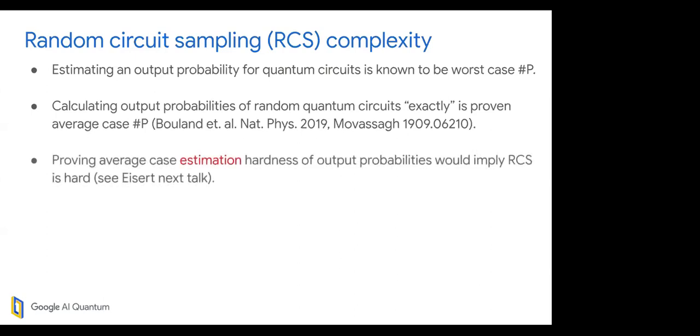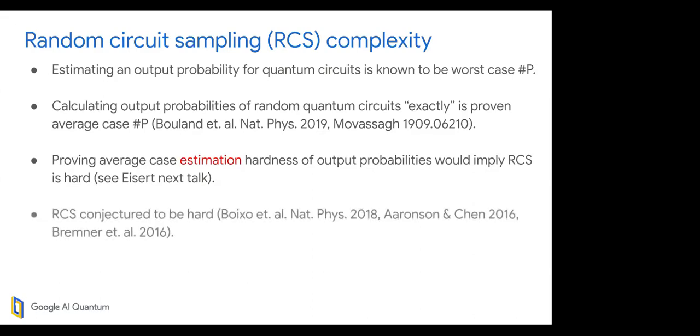Unfortunately, that's also not good enough to arrive at a contradiction, meaning it's not good enough to conclude there is no polynomial classical algorithm for sampling, because the result that you need is that estimating probabilities in the average case or in the typical case is #P hard, and that's a result that we don't have. Nevertheless, we conjecture that random circuit sampling is still hard.